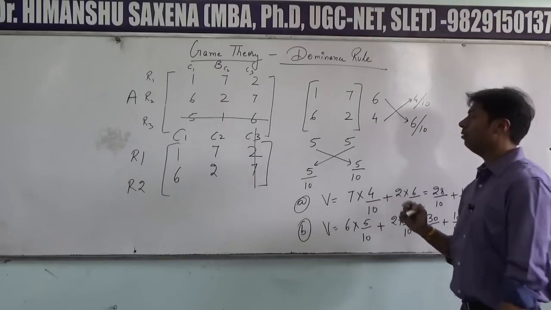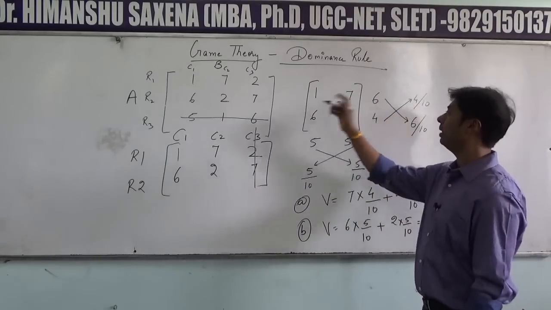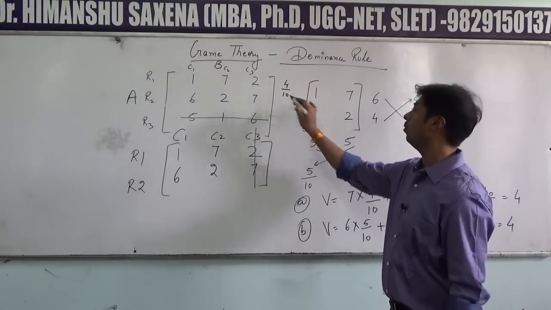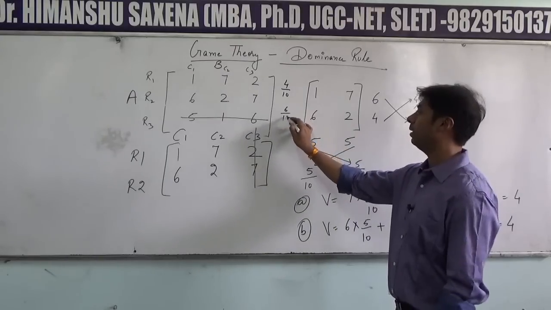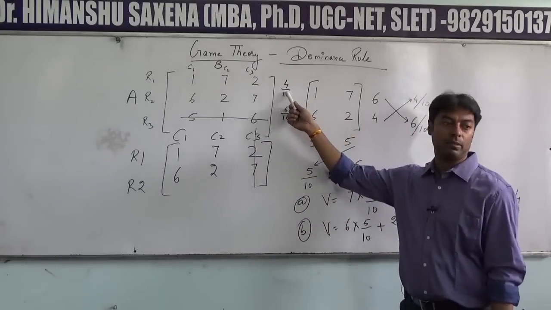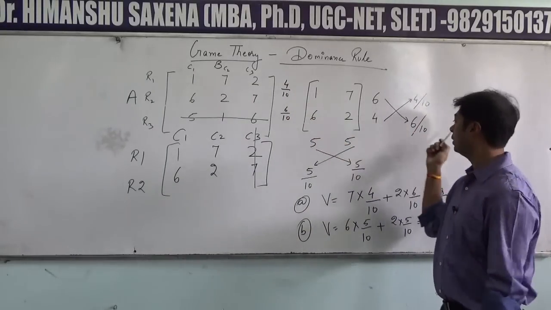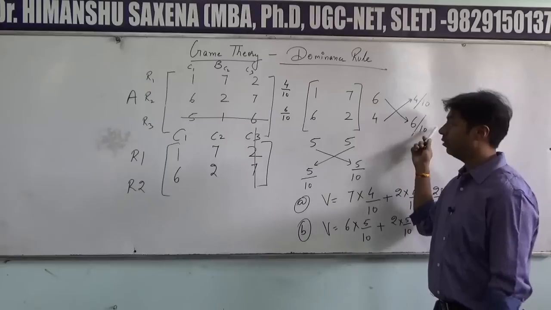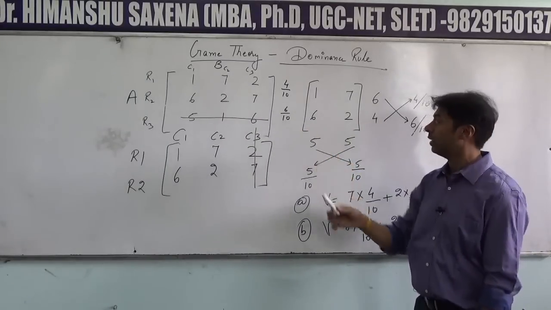We can also calculate the value of the game by keeping the fractions 4 by 10 over here and 6 by 10 over here. Right? The fraction of the first row is kept exactly before the first row, and the fraction of the second row is kept exactly before the second row.